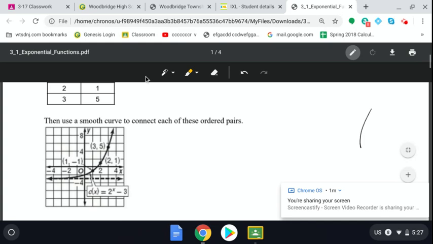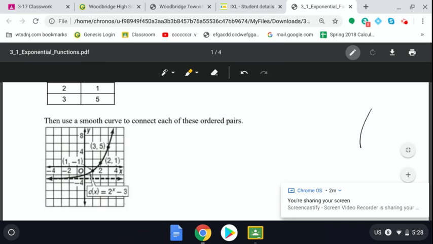And what your graph is going to look like, since I know it's growth, it's going to go up. You can see some points plotted. So as far as the end behavior goes, as x is approaching negative infinity, y is going to approach negative 3, or the horizontal asymptote. As x is approaching positive infinity, then f of x is going to approach positive infinity as well.